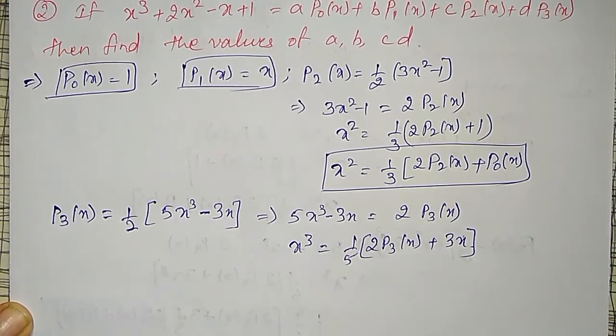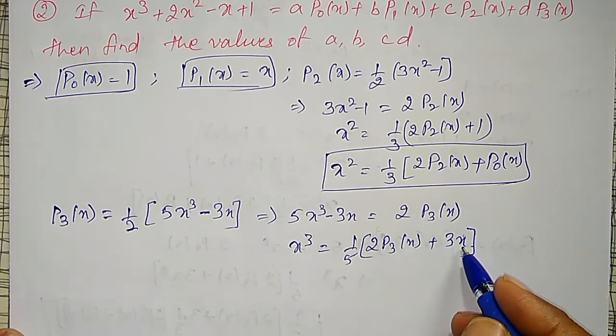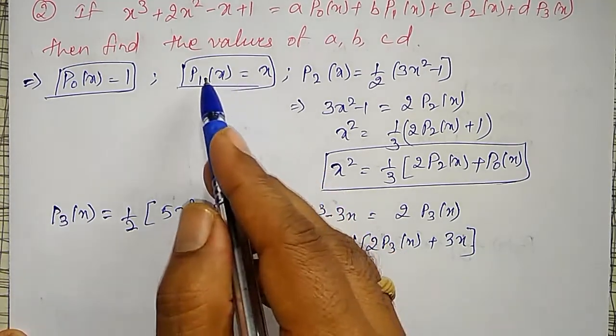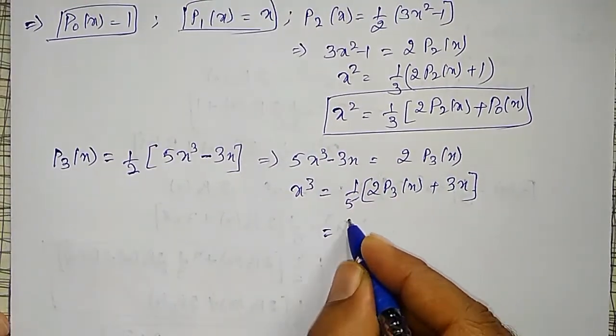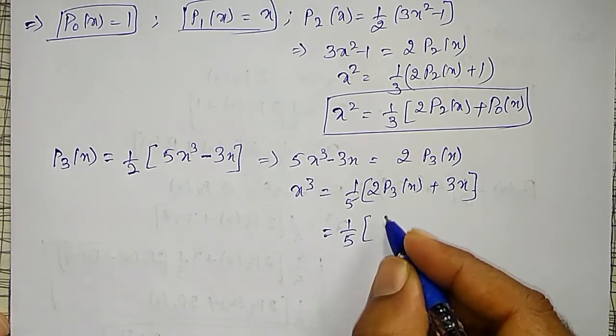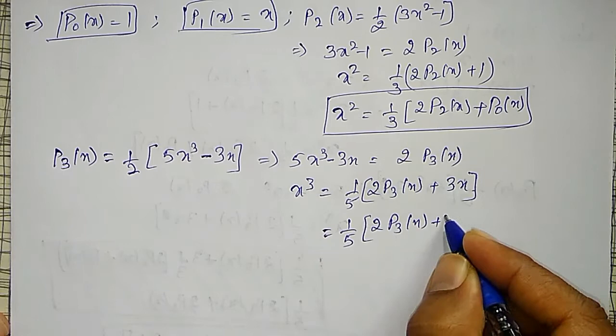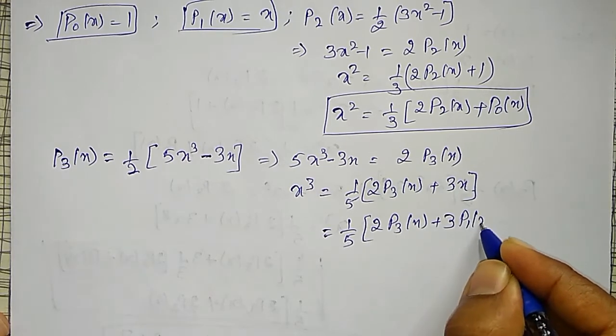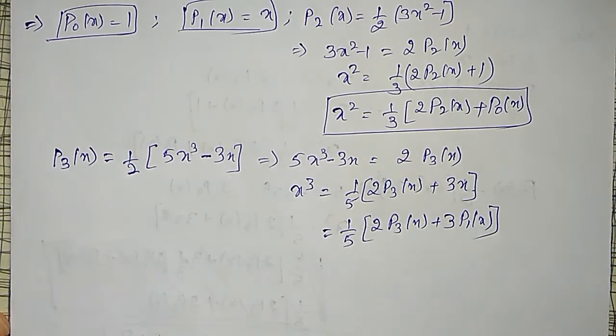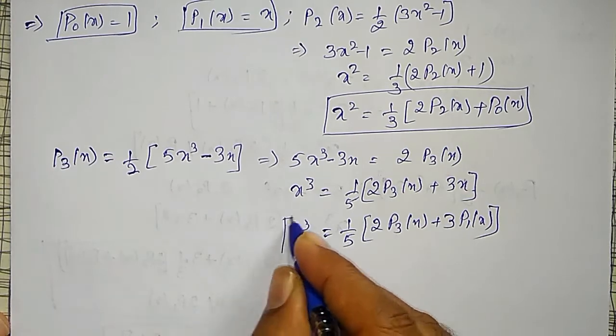And it is again in terms of x, therefore x can be replaced by P1 of x. So x cube is 1 by 5 times (2 P3 of x plus 3 times P1 of x).